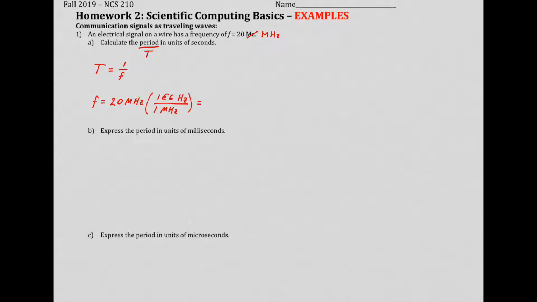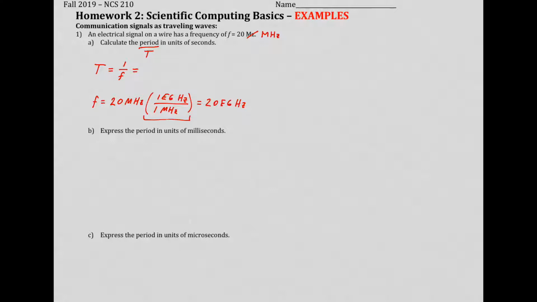And so this comes out to be 20e to the 6th hertz. Okay? You can kind of do that without multiplying by your conversion factor, but multiplying by the conversion factor is the technically correct long way of doing it.